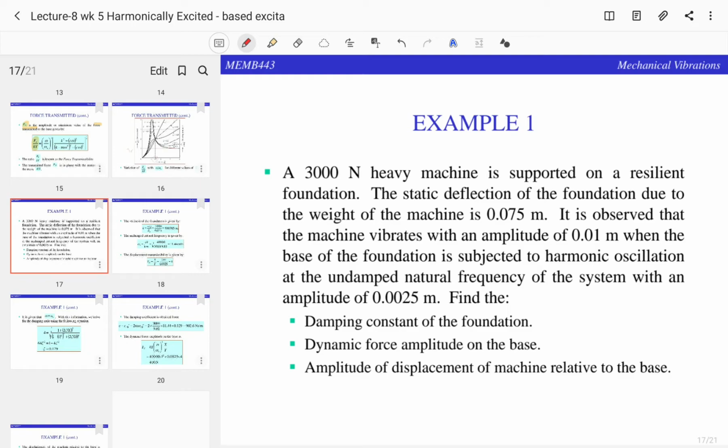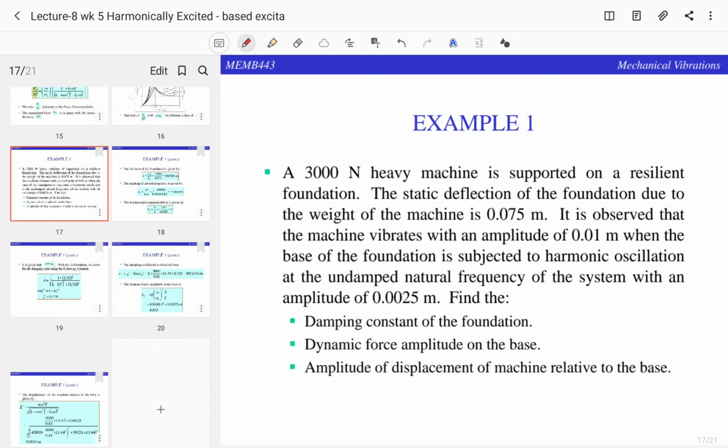So let us take a look at example 1. In this example, they give you a heavy machine supported on a resilient foundation.